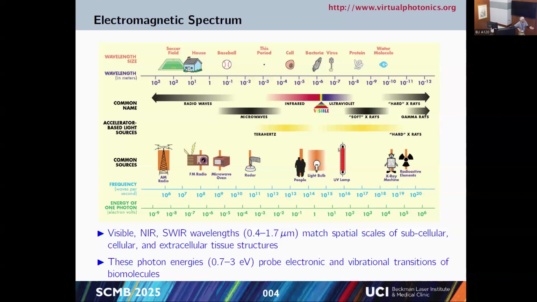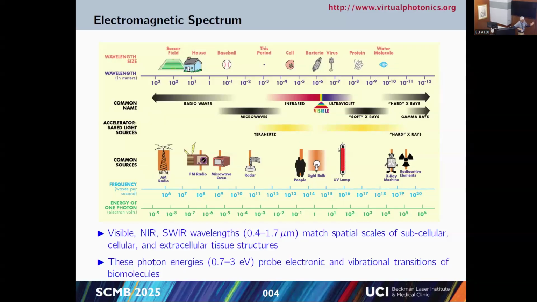And then you go down in energy as you move towards the red and near infrared, down to 0.7, 0.5 eV. And what's interesting about this range of energies is that as you go towards the blue, you're more likely to excite electronic energy levels within biomolecules.